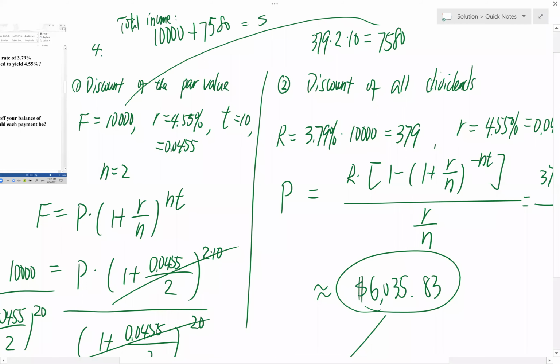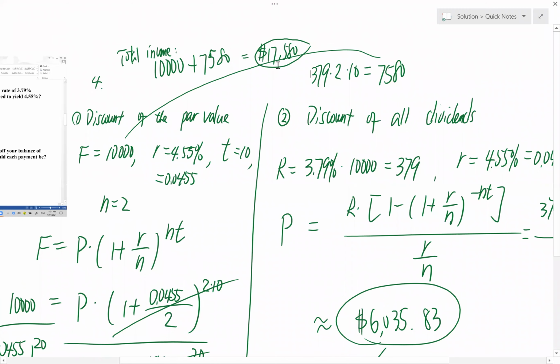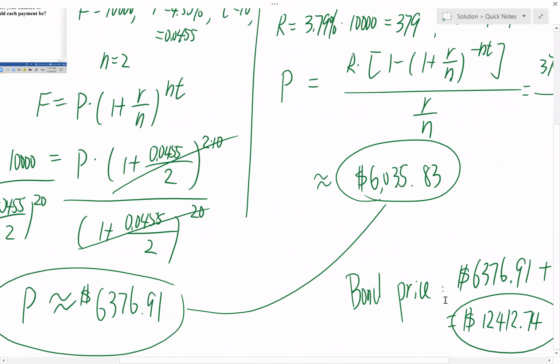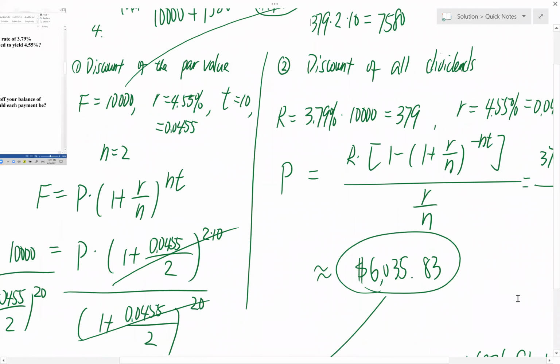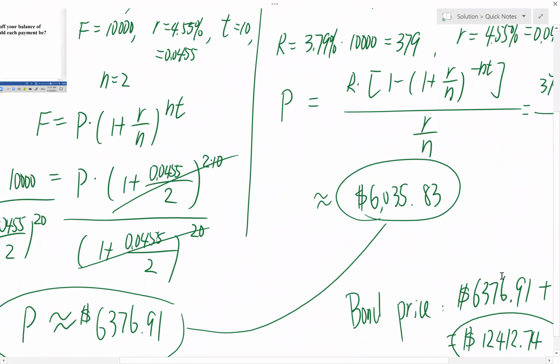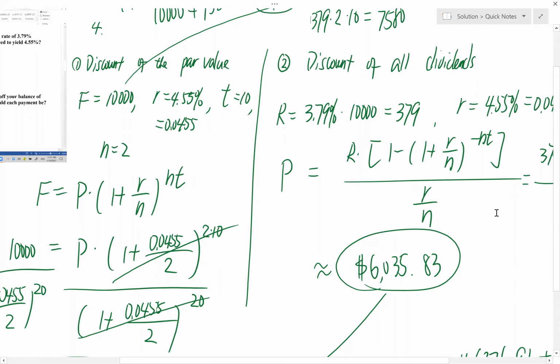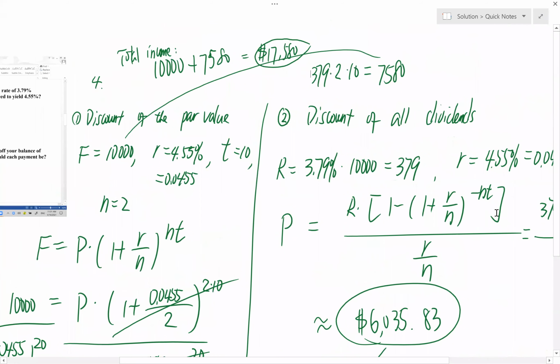That's why you actually have $17,580 in your bond account, right? And think about this: for this amount of return, you only pay $12,412.74. You still have a profit of well over $5,000 over 10 years period of time.